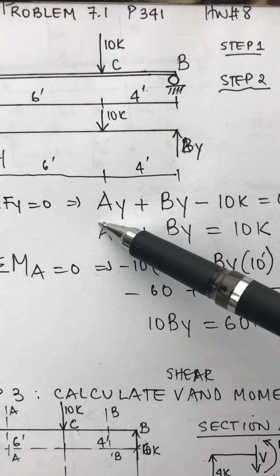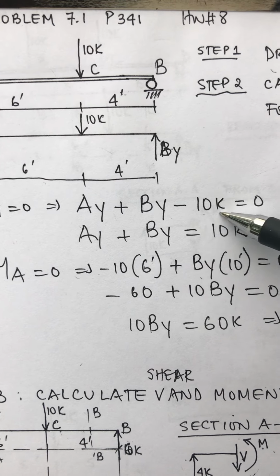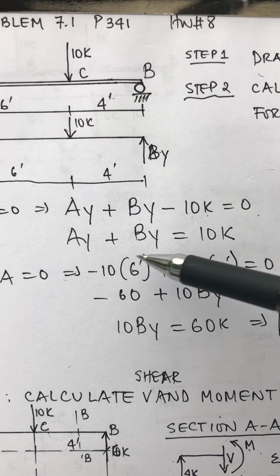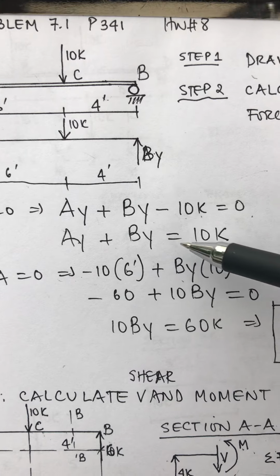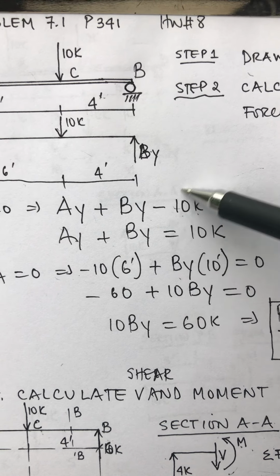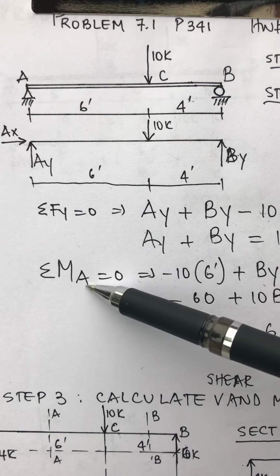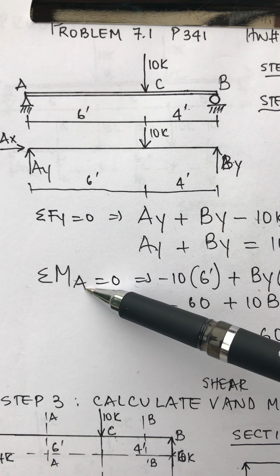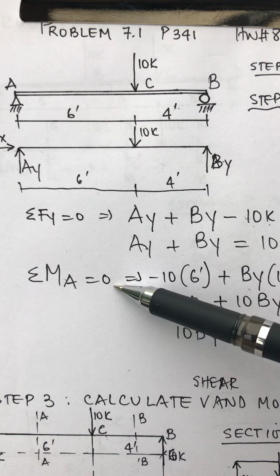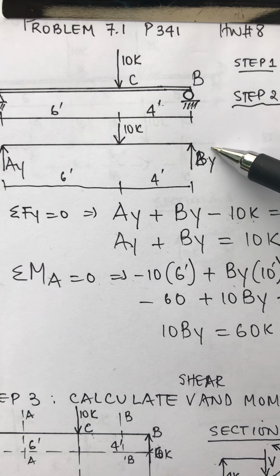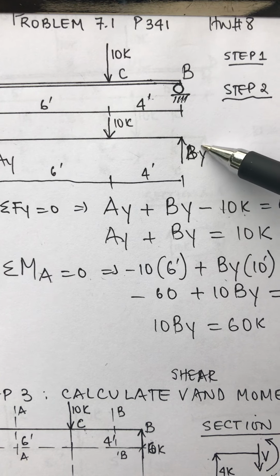So AY plus BY minus 10K, minus because the 10K is going downward, equals 0. And then AY plus BY equals 10K. Okay, so summation of moments at A equals 0. You can take the summation of moments at B. The answer is going to be the same.